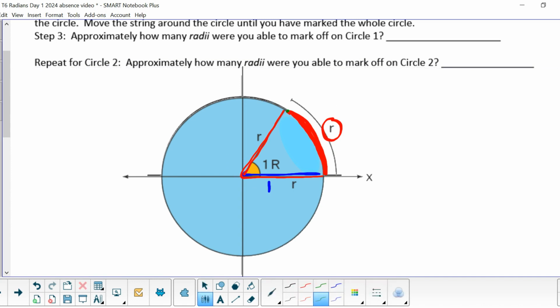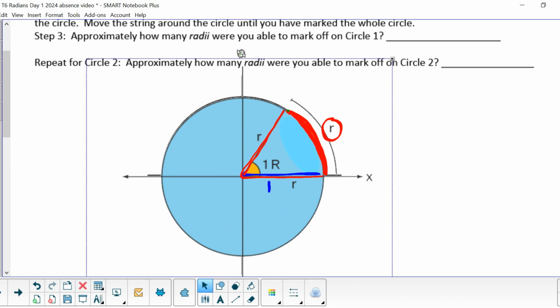If I measure this fake string right here and try to move it, see the problem is the spinning, right? If I were to try and move that string around the outside of the circle, we would be creating more radian measures, but that's going to be too complicated for me.